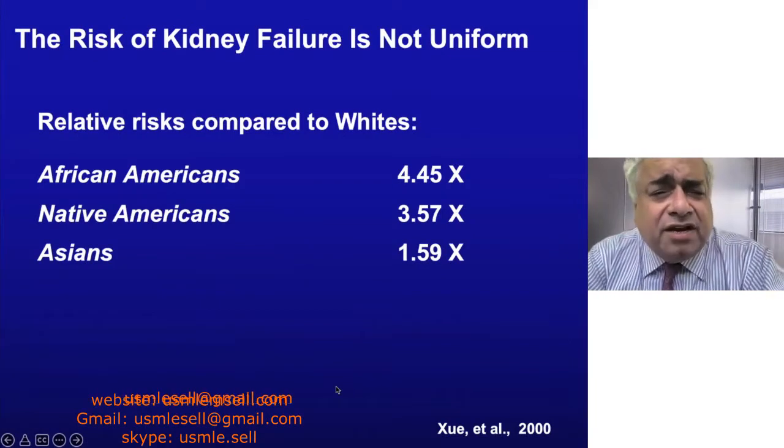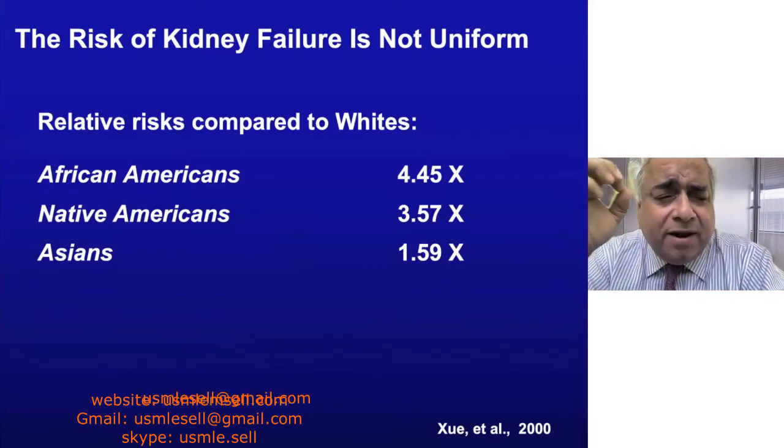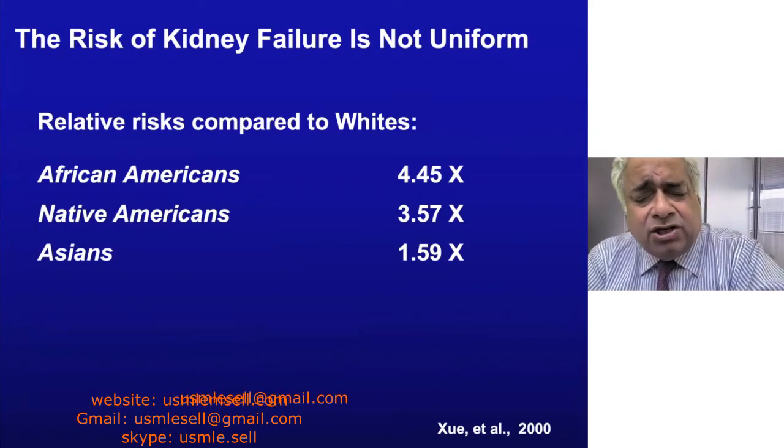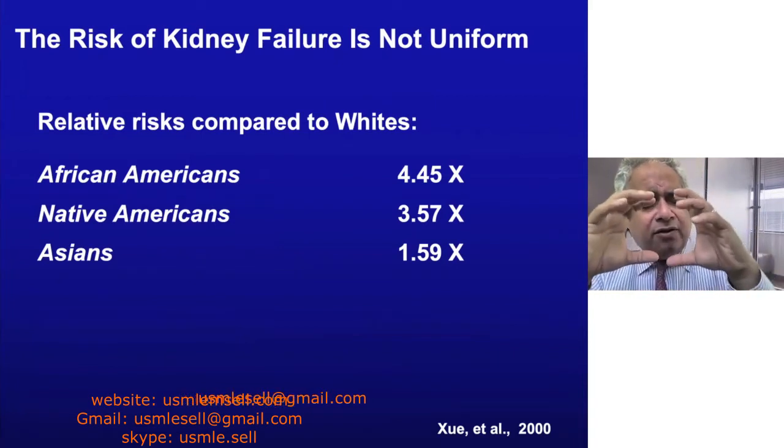Now, the risk of kidney failure is not uniform, and you need to keep that in mind. Relative to white patients, African Americans have a 4.4-fold higher risk of progression, Native Americans 3.57, and Asians about 1.6-fold higher. So when you have a patient coming into your office with some risk factors, also look through a racial lens.